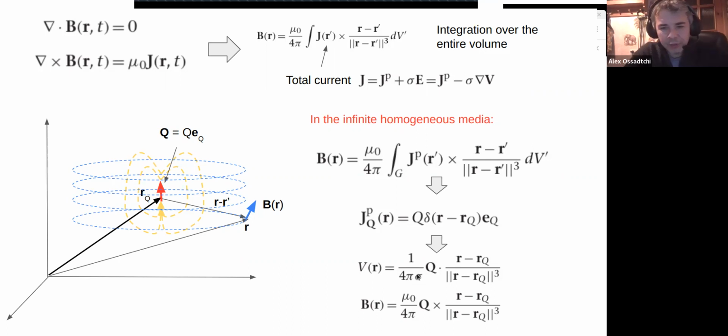If the conductivity is infinite, then clearly you will have zero potential, because there will be no difference between the two points, as all the charges have already been exchanged between these two points, right?